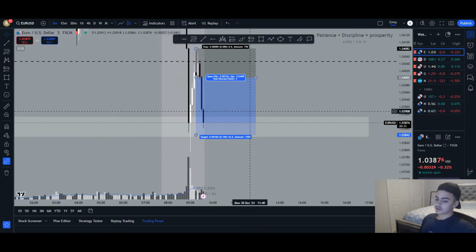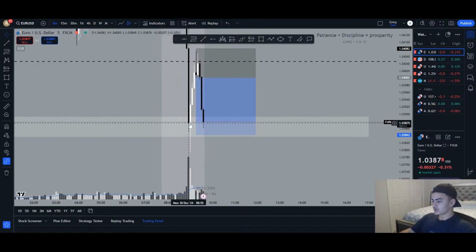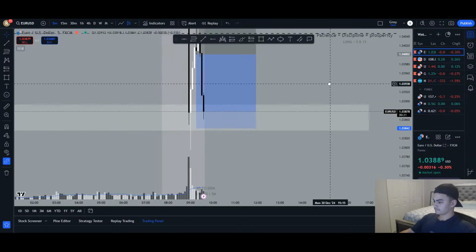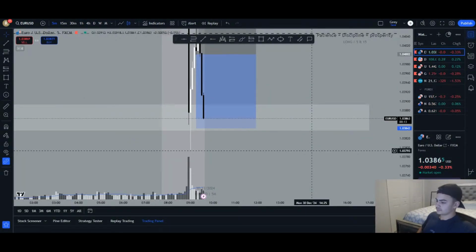I like to see volume whenever I'm in a trade because it shows me that it's making a move. Like right now, I would prefer it to close below this support, this low support. Boom.